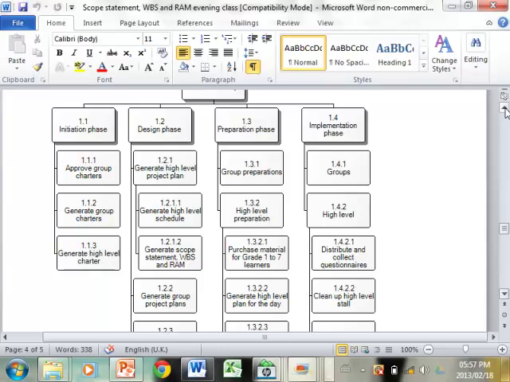So if I can give you a simplistic example, if for example I say build a house, all right?